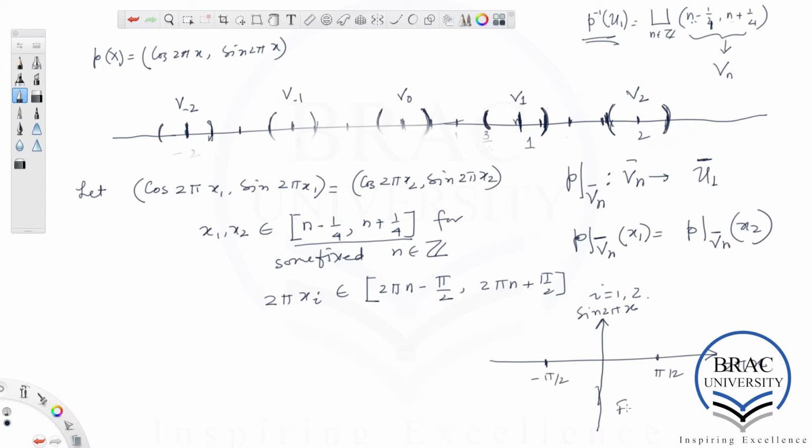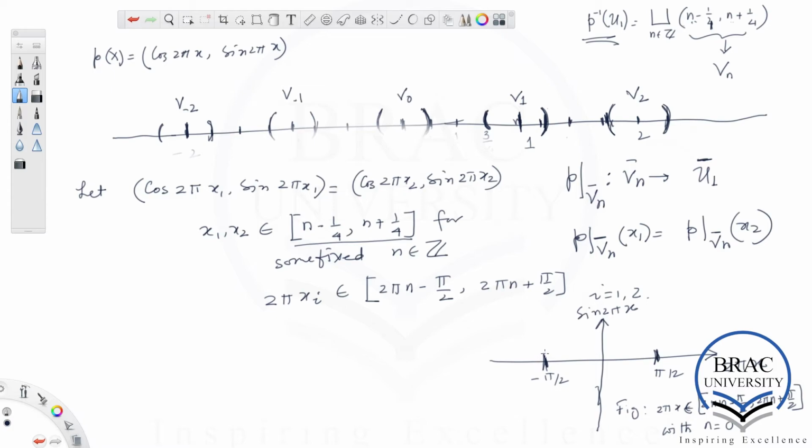The caption of the figure is 2 pi x belonging to this closed interval 2 pi n minus pi over 2 to 2 pi n plus pi over 2. We are considering the case n equal to 0, which means that 2 pi x belongs to the closed interval from negative pi over 2 to positive pi over 2.